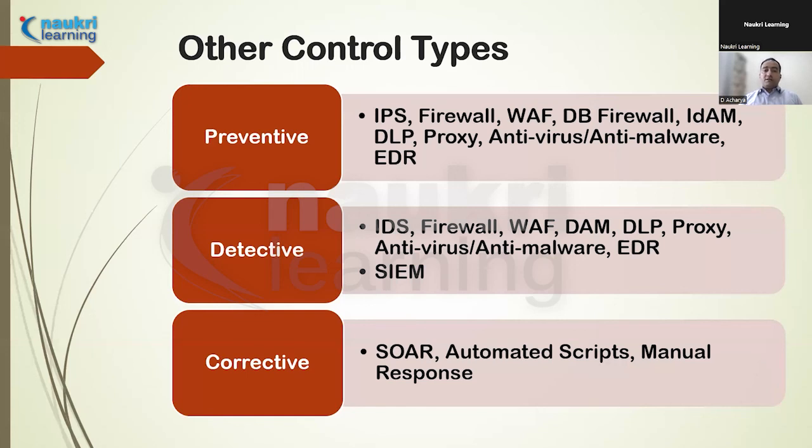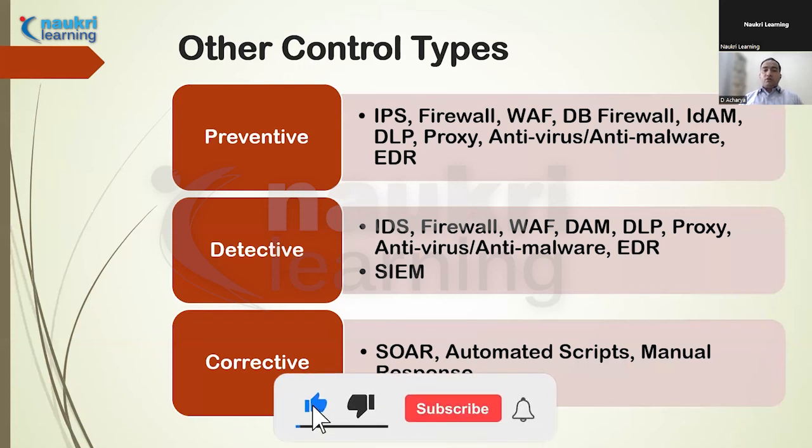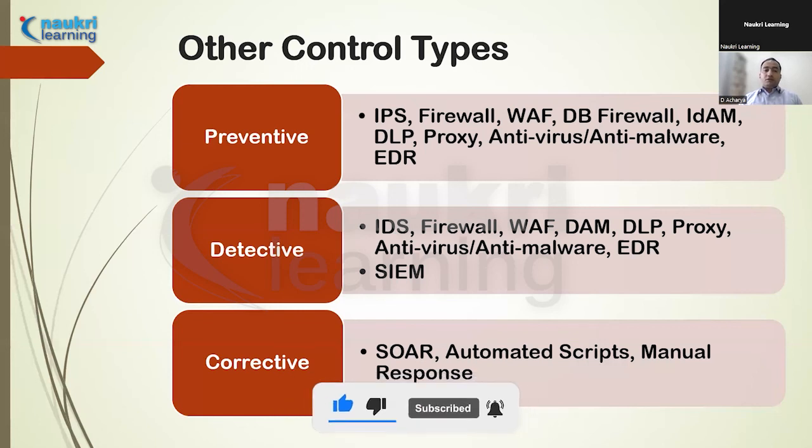And there are more tools as well. SIEM stands for Security Information and Event Management. It's a very important tool, mostly used in the SOC, or Security Operations Center, and plays a big role in detecting malicious activity. The last one is corrective control. Once we detect something, we have something called SOAR, which is growing in an unprecedented manner in the market.